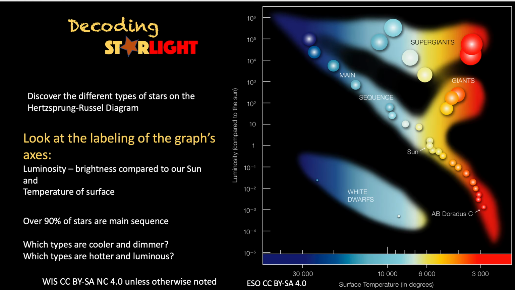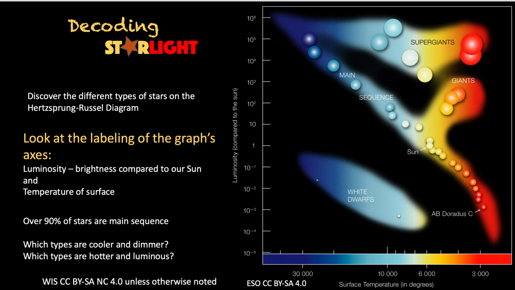So, what are the types of stars? You've got a line that goes from the top left to the bottom right, main sequence stars, and over 90% of stars are main sequence stars, and if you get about 2/3 of the way down, you'll see our sun labeled, and it's a life sequence that's going down there.